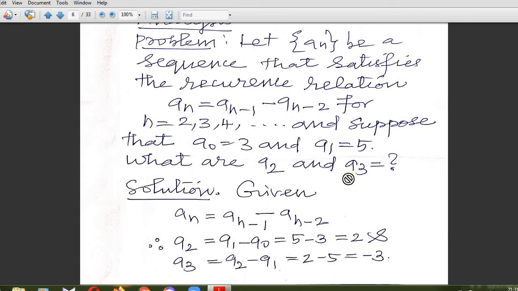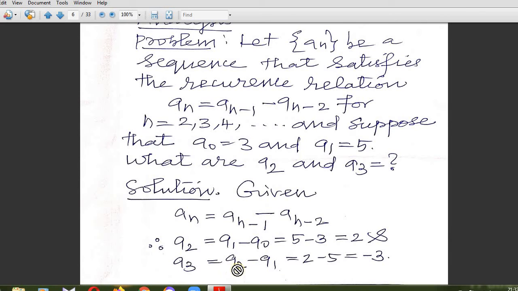Now the next term asked in this sequence is a3. From this formula, a3 is equal to a2 minus a1.